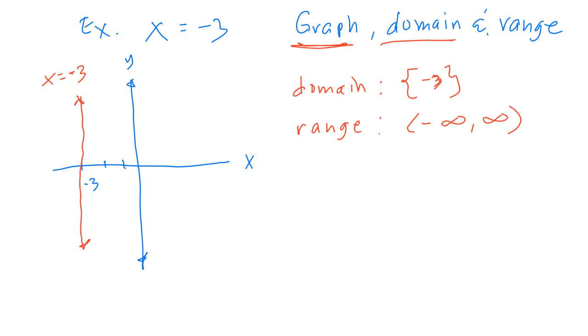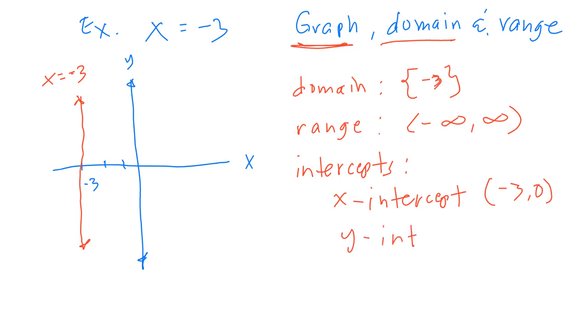Okay. If you're going to be asked the intercepts, you have only one, and that would be the x-intercept. So the x-intercept here is just -3, 0, and y-intercept none.